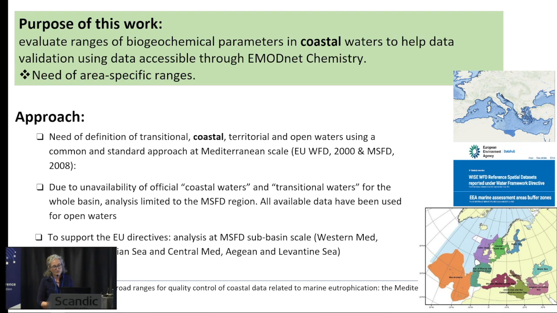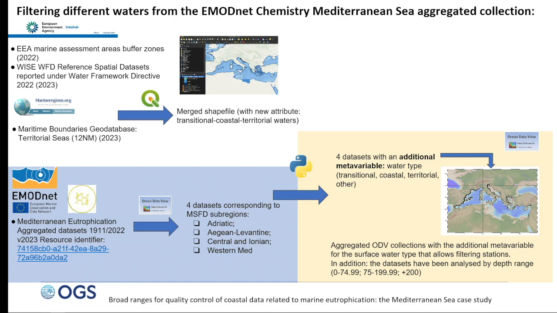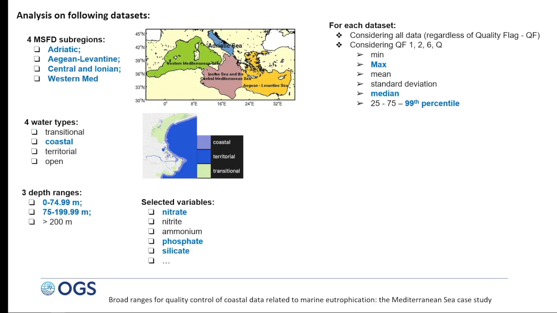And in order to support the MSFD, we did this analysis for each sub-basin. So we used the MSFD shape files. We used EMODnet Chemistry aggregated data sets, and we selected only coastal waters and also transitional and territorial waters, and we split this also into different depth layers in order to do the statistical analysis of several subsets of data.